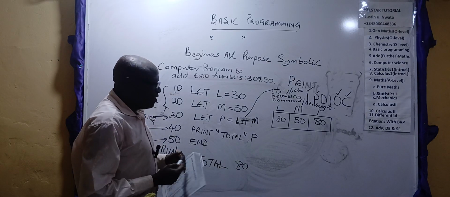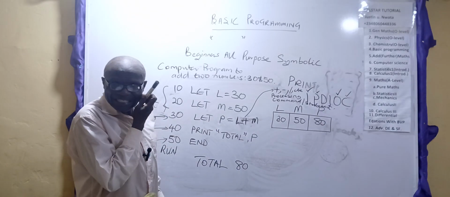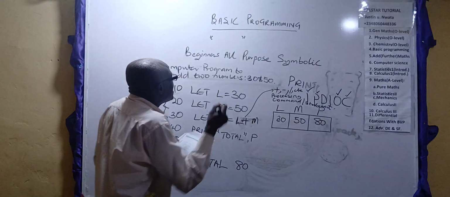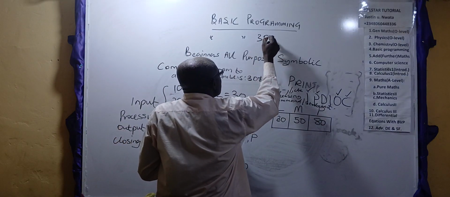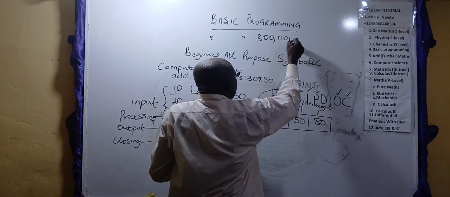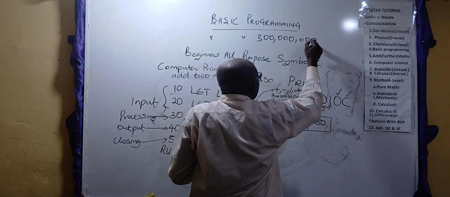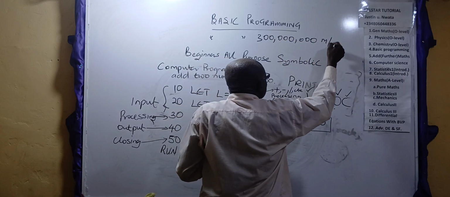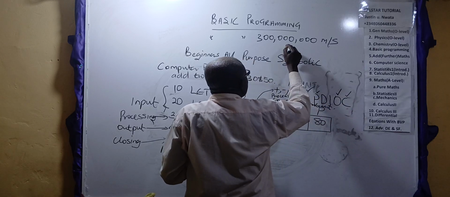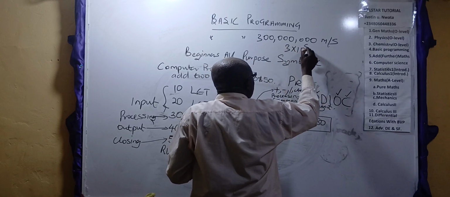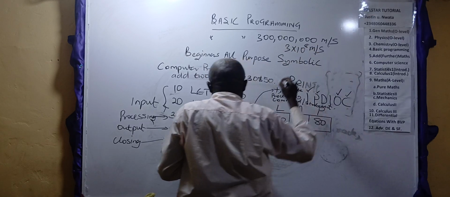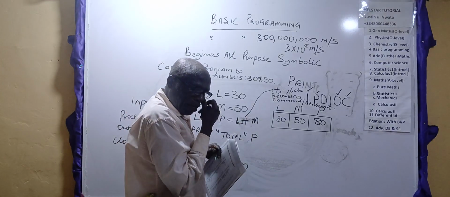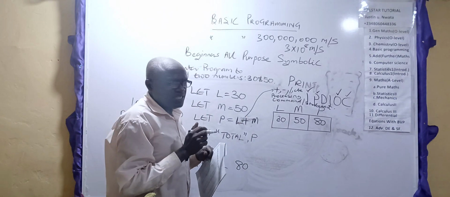Listen. Computer operates at the speed of light. The speed of light is 300 million meters per second, simply written like this. So it operates at the speed of light.